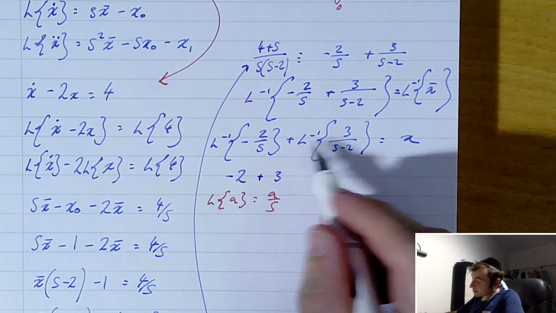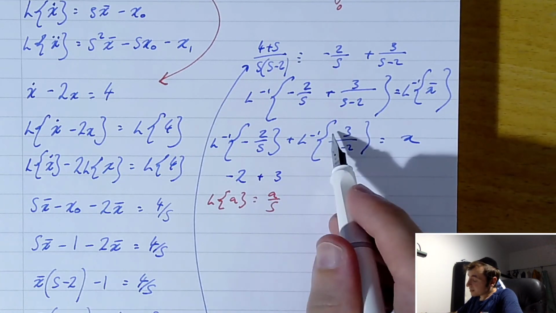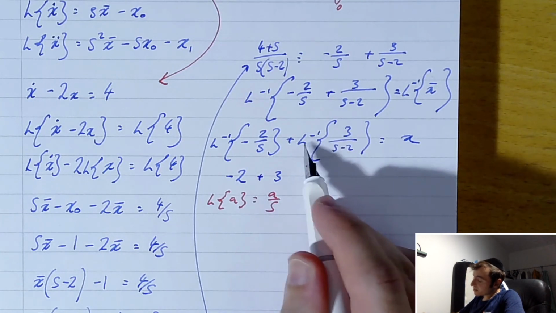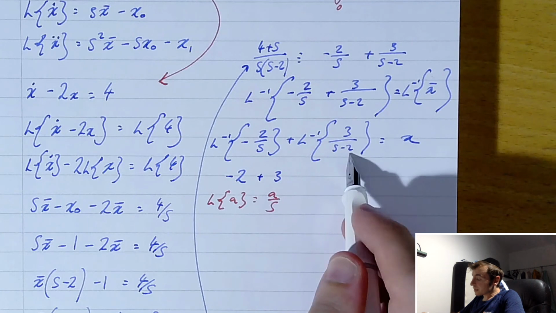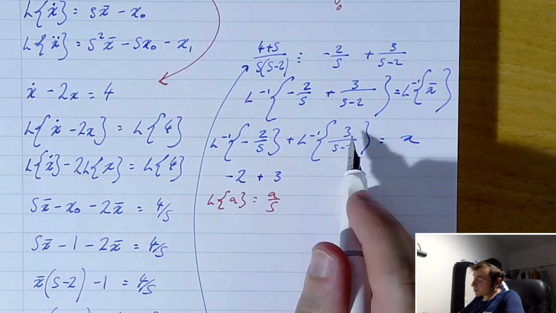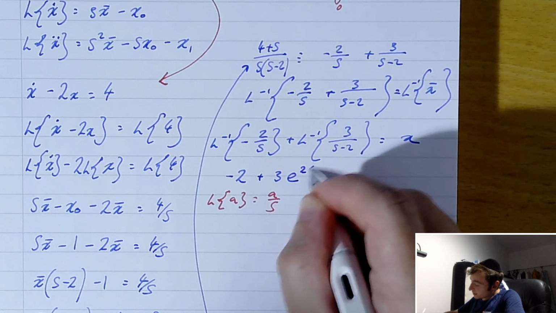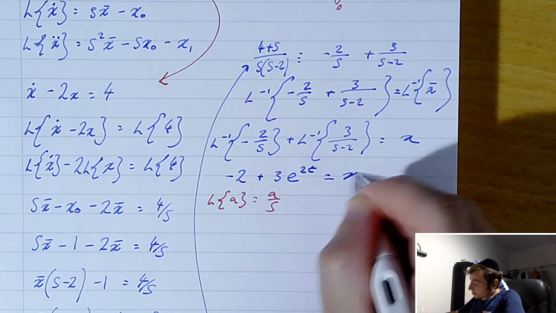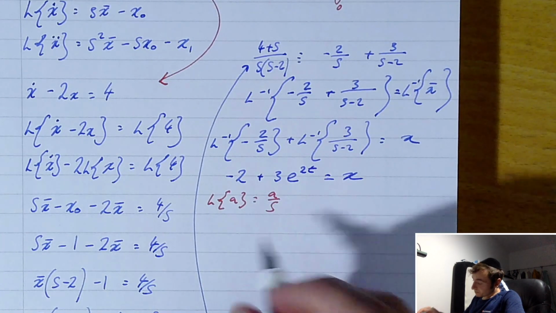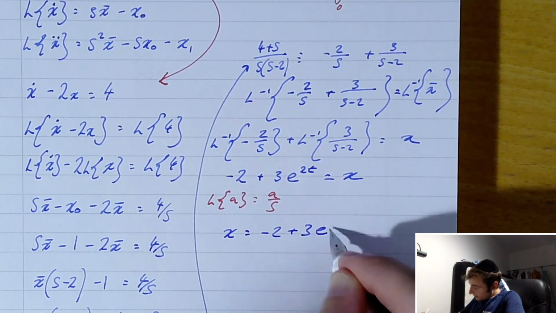We can take the 3 out as the coefficient, another property of linearity. So it's going to be 3 times the inverse Laplace transform of 1 on s minus 2. So that's e to the 2t, which equals x. And that's our final answer: x equals minus 2 plus 3e to the 2t.